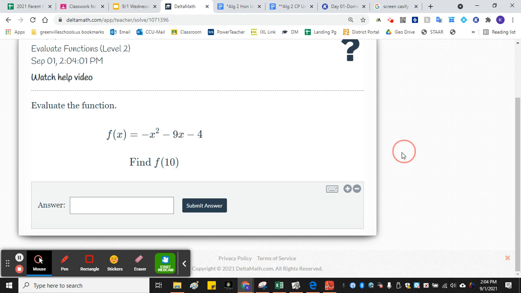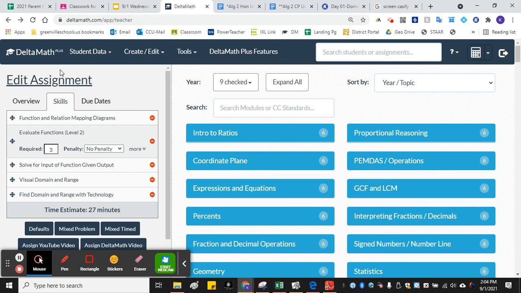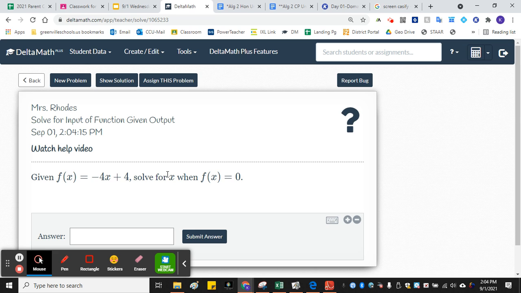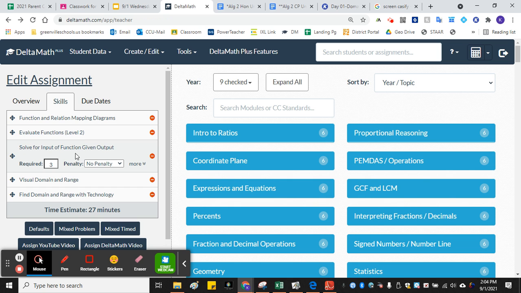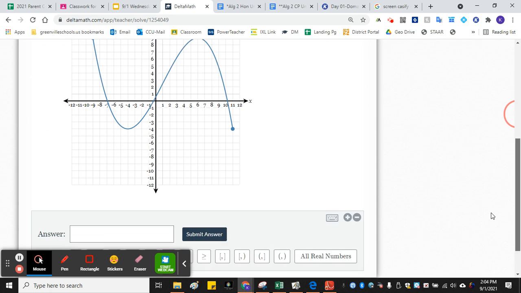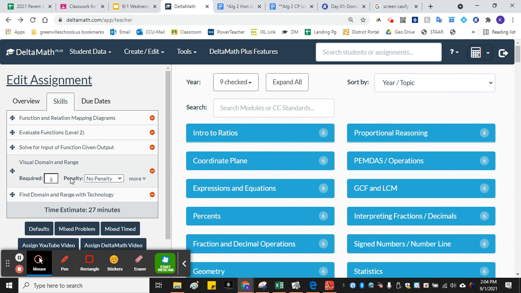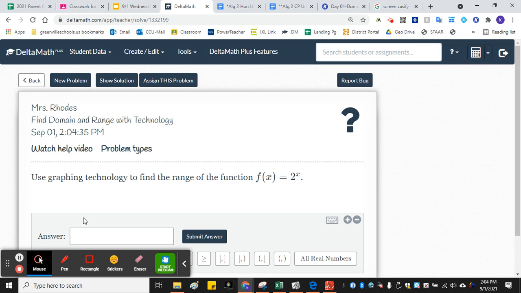You can do this, though. Plug 10 in for x and solve. We did not cover this, so technically you do not have to do this, but you will have to do it tomorrow. This is when you set the equation equal to 0 and you solve. We're not there. We're going to do that tomorrow. So if it says function, you can skip it. But I do want you to do the domain and range, which are the last two.